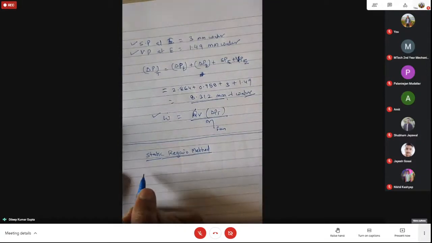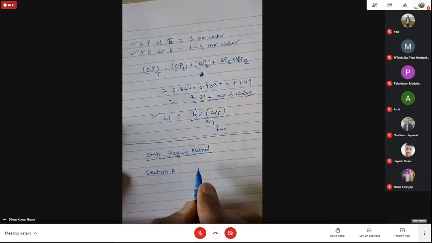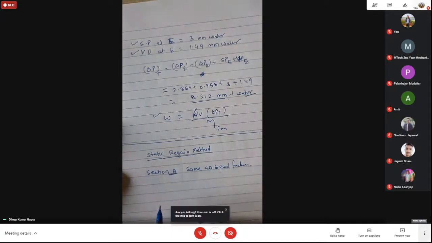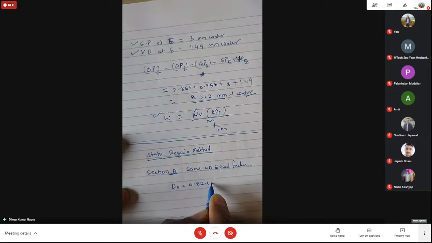In the static regain method also, section A will be the same as the equal friction method. So first part you have to solve the same. What we got from the previous one, the value of dA was 0.824 meter or 82.4 centimeter for this case.